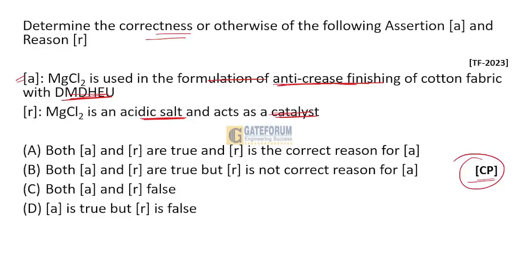This is a mechanism based question. So basically, what is the use of MgCl2? MgCl2 is basically a catalyst that is used in the process for anti-crease finishing of the cotton with DMDHEU. DMDHEU reacts with the cotton and helps in anti-creasing.